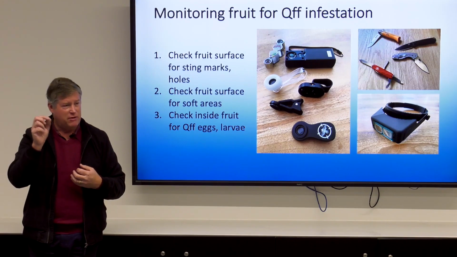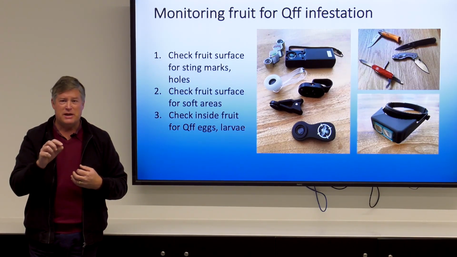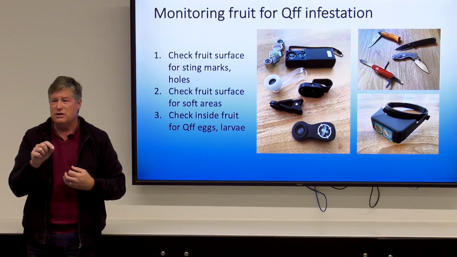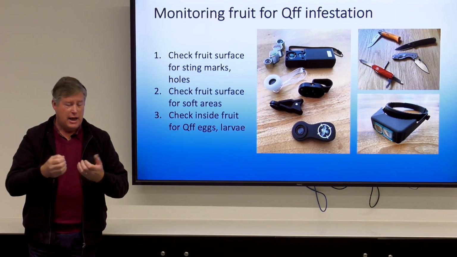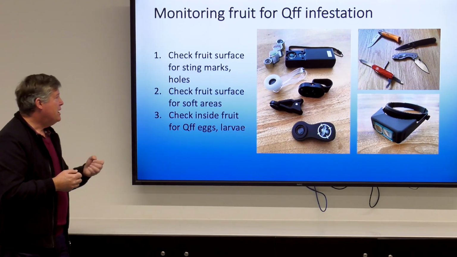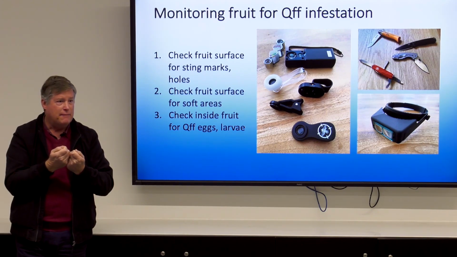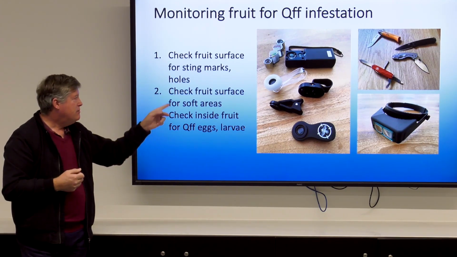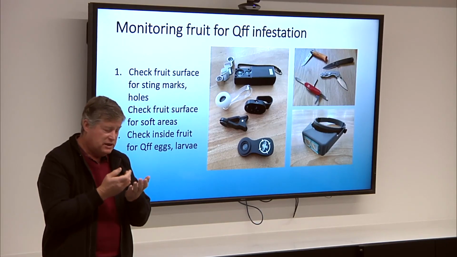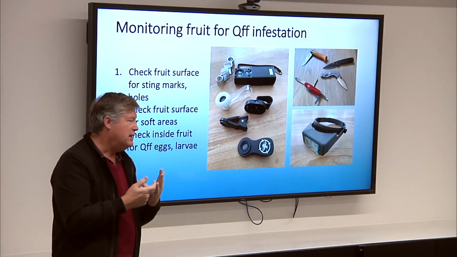So what happens is the fly lays her eggs, the bacteria go in with it, the rot starts around the oviposition site underneath the skin, and you can actually feel it softening there. And if you can do that, cut it open, slice that off the top, turn the skin inside out, and with a magnifier, check to see if you can find any eggs or even empty eggs or larvae inside there.